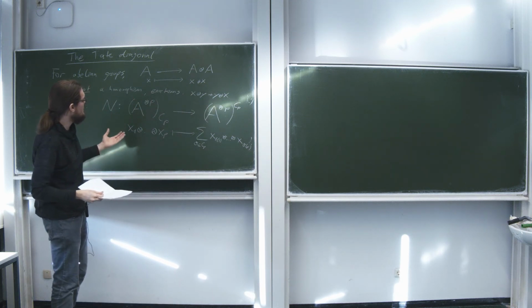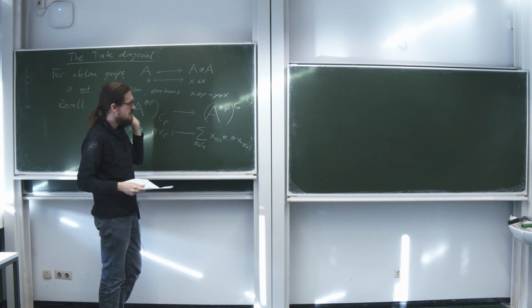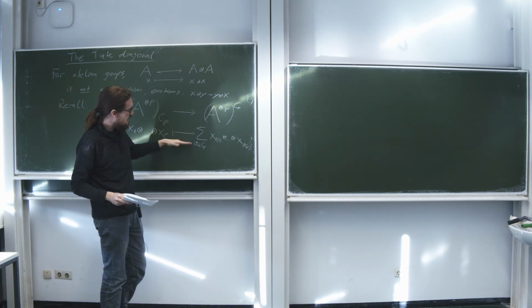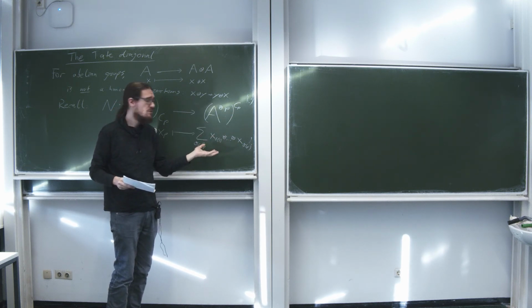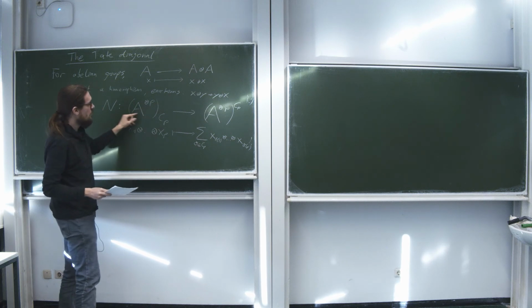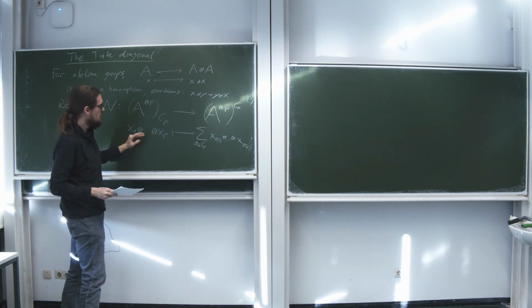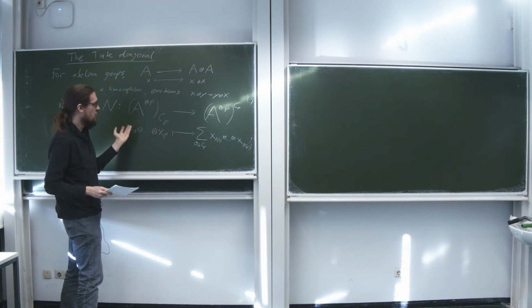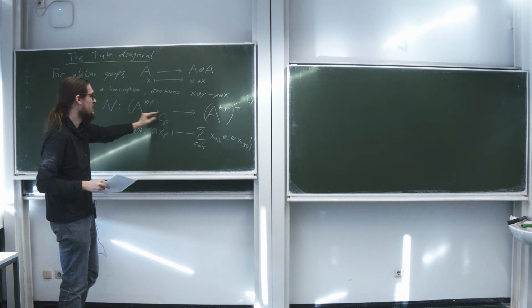This defines a map from A tensor p to A tensor p between these tensor powers. And evidently, this thing is in the fixed points. It's invariant under cyclic permutation. But also, the map evaluated on a specific element does not change if I precompose with the group action. So in other words, this also factors through orbits. So this assignment defines a map like this.